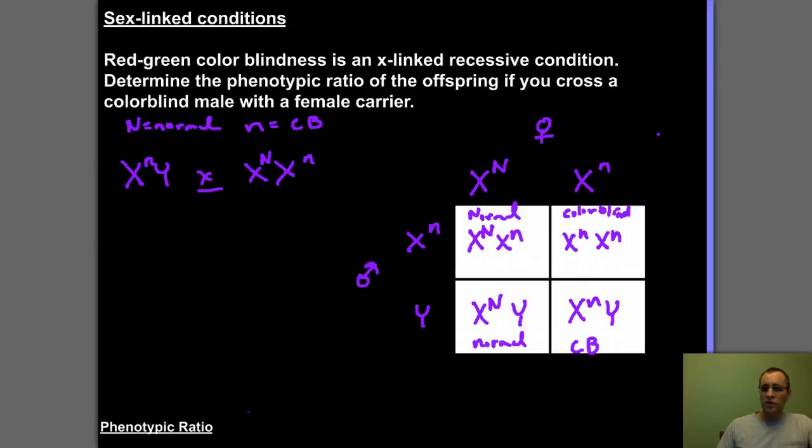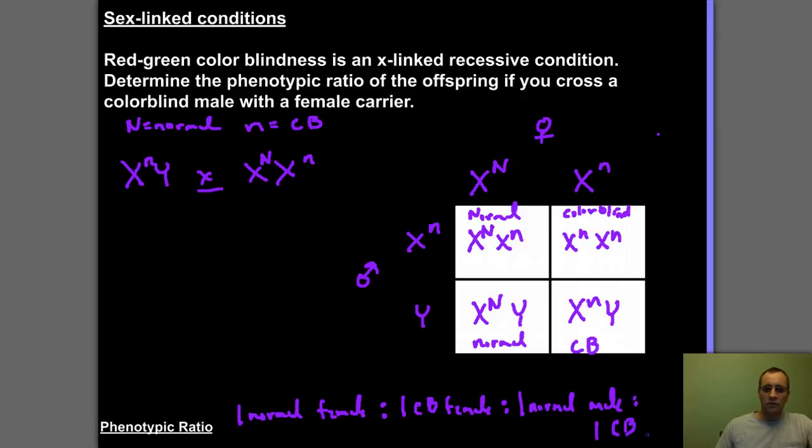Our phenotypic ratio, we could say, is this: 1 normal female, 1 colorblind female, 1 normal male, 1 colorblind male.